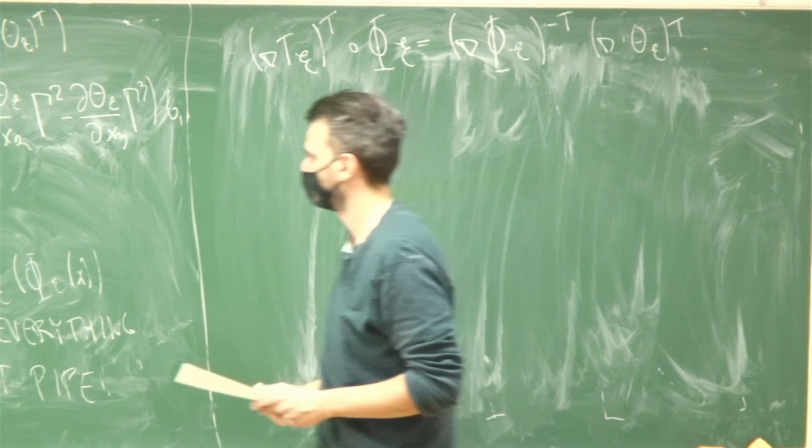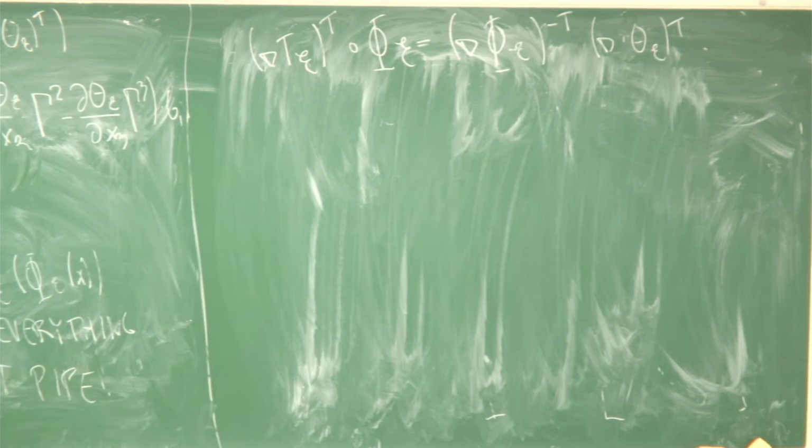Okay, so the relation between... just a second, sorry. So this theta epsilon is basically the temperature in the straight pipe, which is appearing over here.